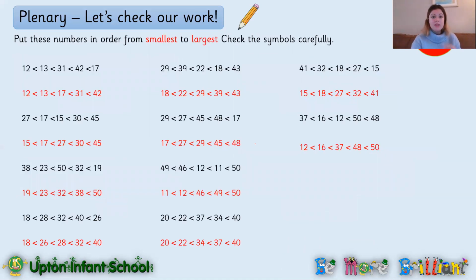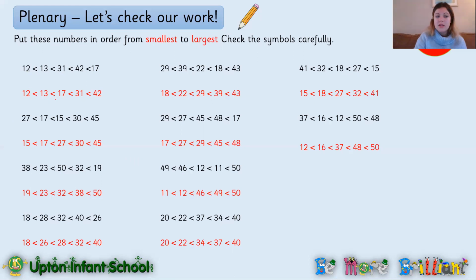Okay, and welcome back to the red challenge. So here are your answers for putting the numbers in order from smallest to largest. So can you see that this first question had 12, 13, 31, 42, and 17. So you needed to rearrange these so they were in order from smallest to largest using our less than symbols.